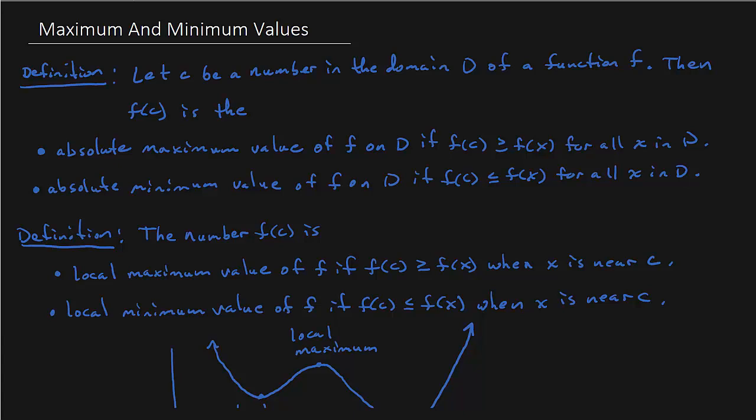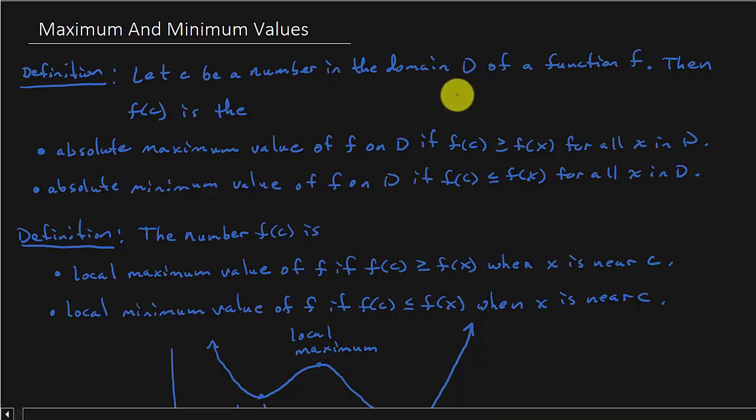Let c be a number in the domain D of a function f. Then f of c is the absolute maximum value of f on D if f of c is greater than or equal to f of x for all x in D, and it's an absolute minimum value of f on D if f of c is less than or equal to f of x for all x in D. In other words, we're finding that point in the domain, because D represents the domain.